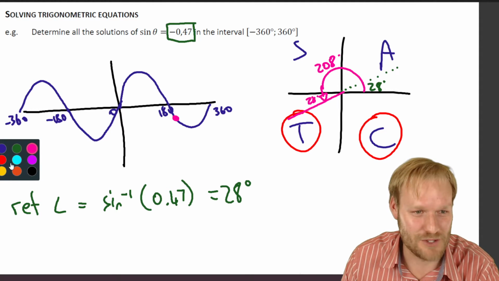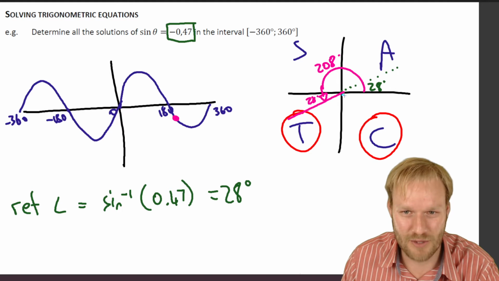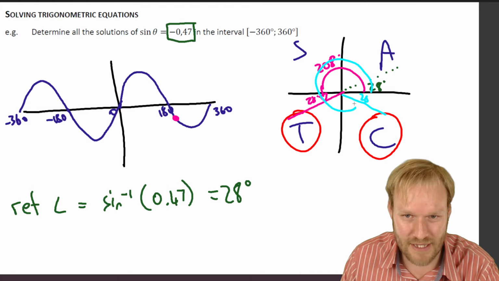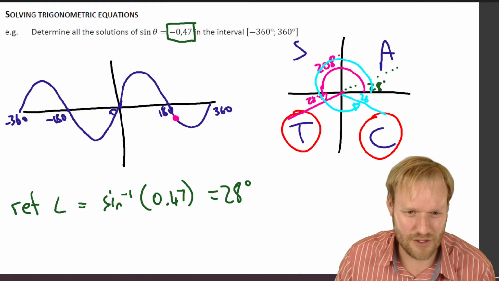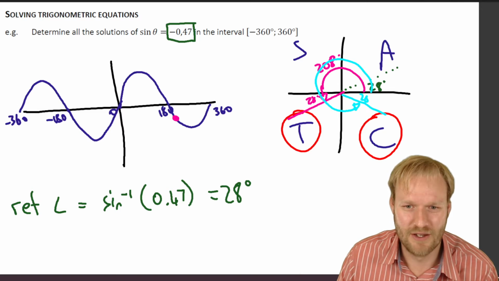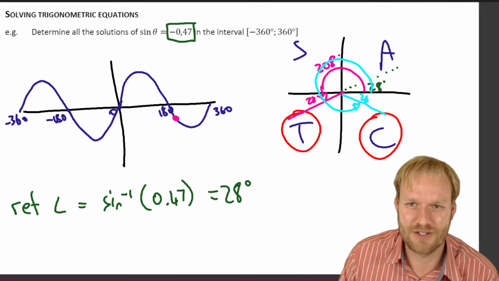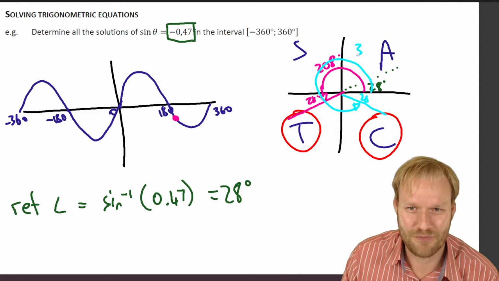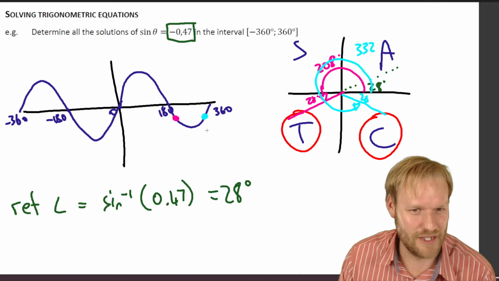And our other option, if we're looking at the 4 quadrants, is, well, if that's 28, then what's our second value between 0 and 360? We could just go 360 minus 28, which gives us 332. So 332 must be over there.